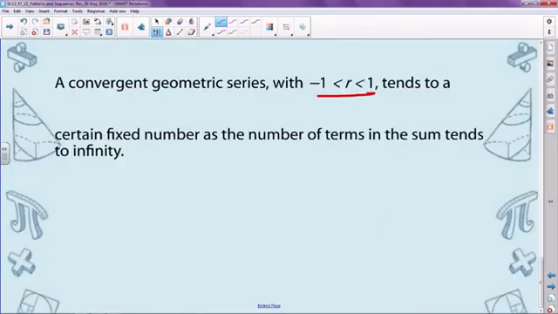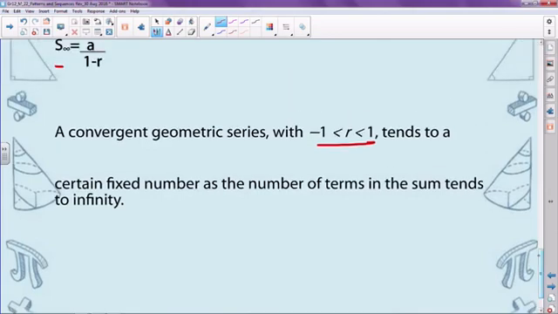So if you have a convergent geometric series with a ratio in that interval, that series will tend to a certain fixed number as the number of terms tends to infinity. That is why we need to always check that our ratio falls into the right interval before we use the sum to infinity.